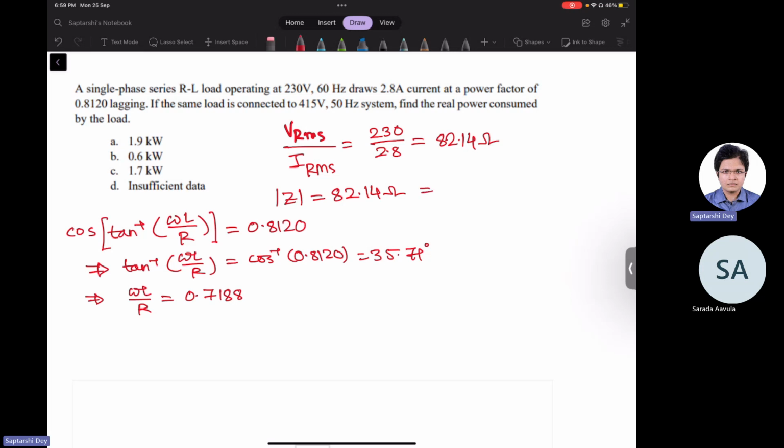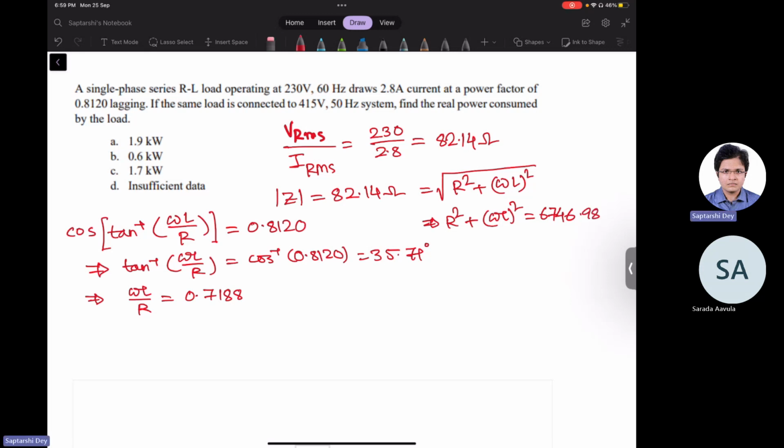And from here, what we have is this one is equal to square root of R squared plus omega L squared, or in other words, R squared plus omega L squared is 82.14 squared, which is 6746. These are easy things, they are only calculations, no engineering involved.